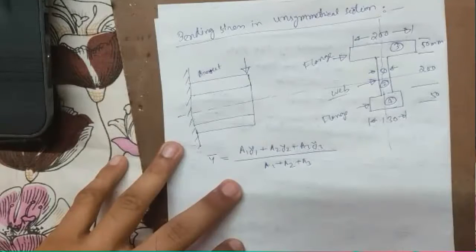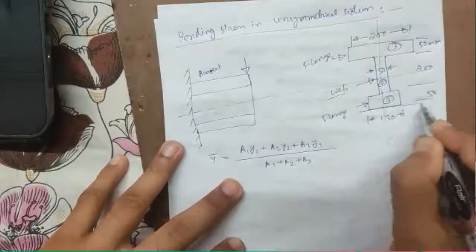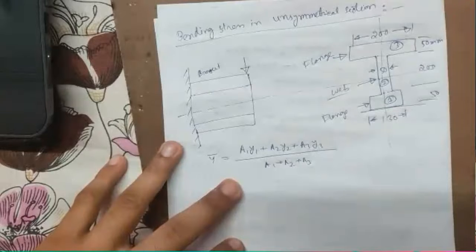Now Y1, Y2, Y3 are the distances of the CG of A1, A2, A3 from the bottom face or from any fixed position. Let us fix the reference at the bottom line, at the bottom plane or the bottom face. From this point, y bar will be the distance of the CG of the whole section.